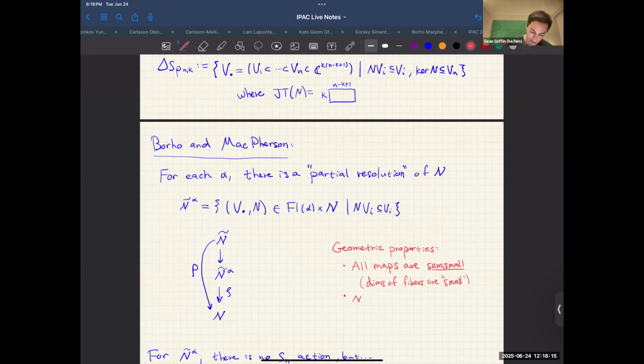The second condition is that each of these things sitting in between is not smooth, but it is rationally smooth. This one is smooth, and this map is a resolution of singularities. But in between, as you vary alpha, these are rationally smooth.